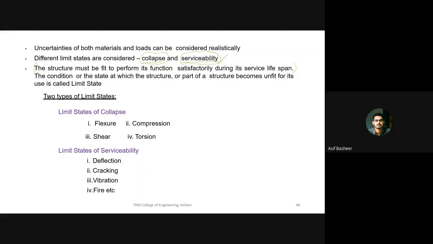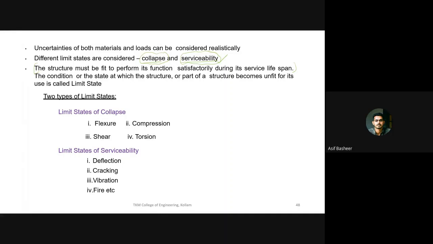In compression, suppose I am applying a compressive load to a column, it reaches its maximum compressive stress and fails by crushing. Then we say that the structure has failed in limit state of collapse. We need to either reconstruct or construct another structure, because there is no repair or retrofitting available for a limit state of collapse.